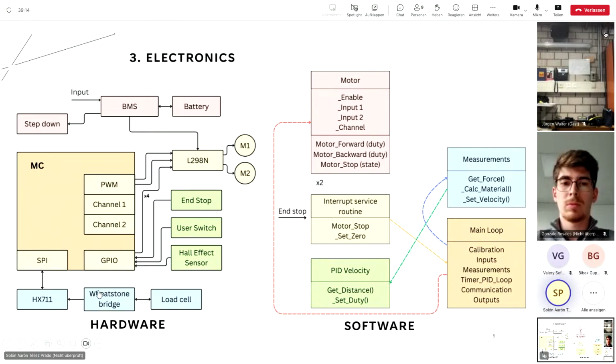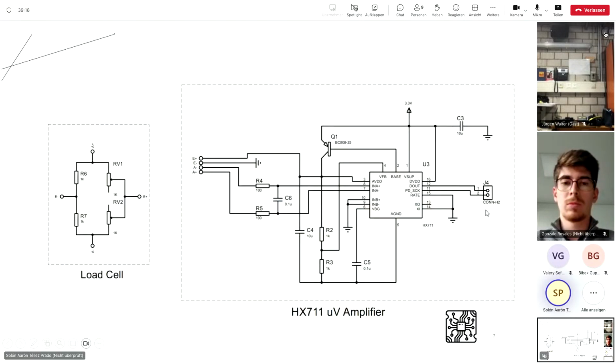The last element in the input block is the force sensor. This module measures the force applied to the drill to regulate the forward speed in the closed loop. To convert this small variation into a useful value, we use a Wheatstone bridge.